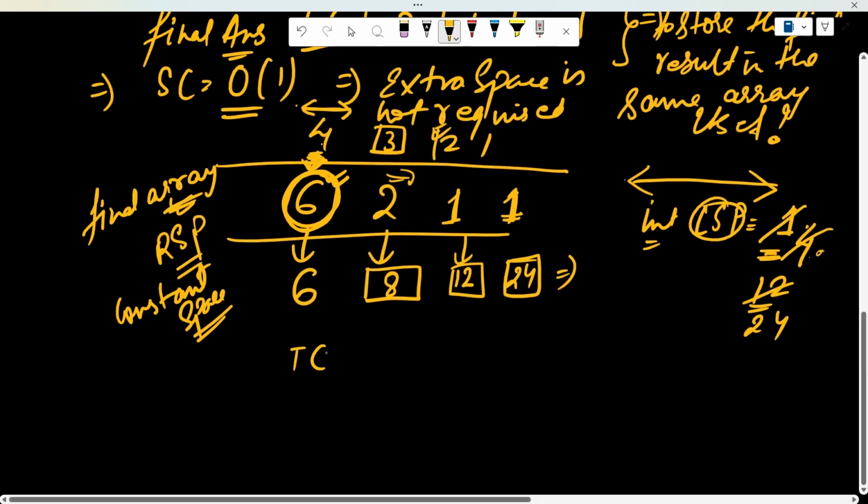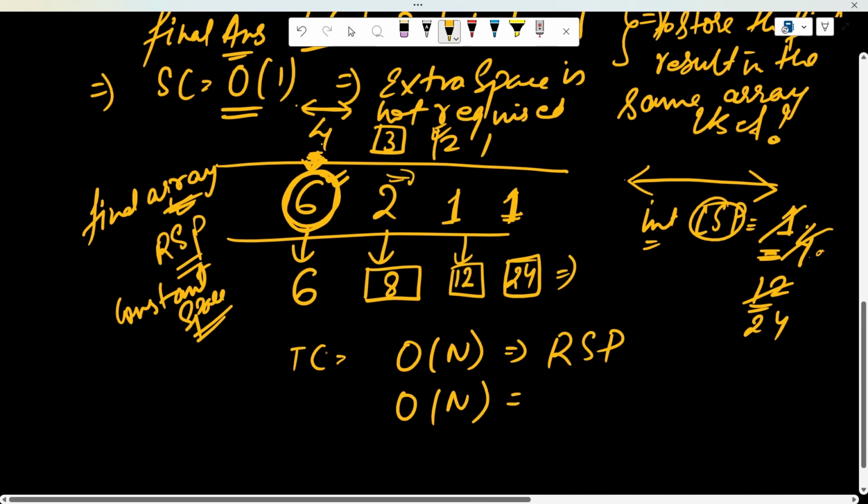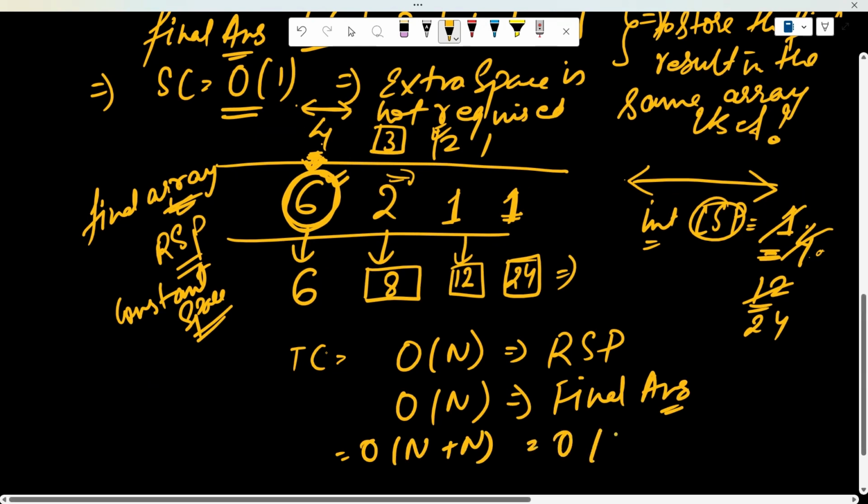So if we talk about time complexity, big O of n time we are taking to calculate the right side of the product, and big O of n we are iterating to calculate the final answer. So in total, we are taking big O of n plus n, that is big O of n time complexity.